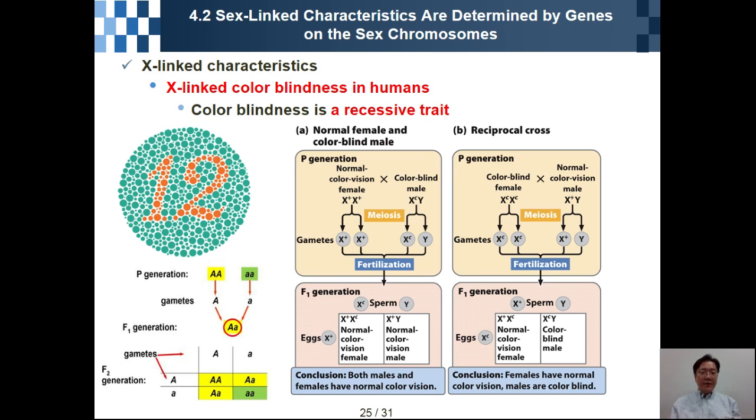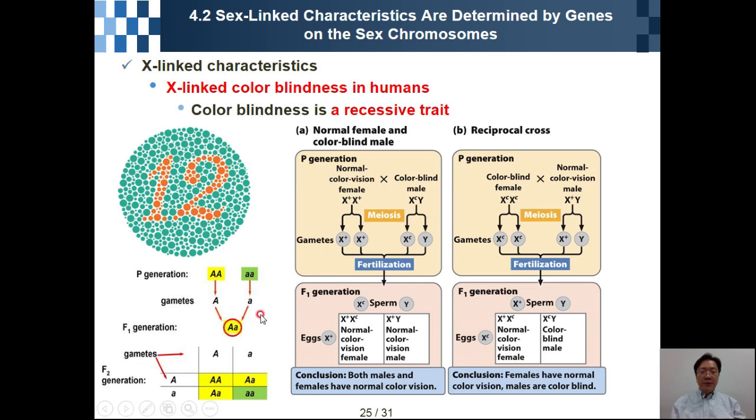Okay, if it is a recessive trait, and also if it is located in the autosome, not the X chromosome, in the F1 generation none of them will show color blindness.